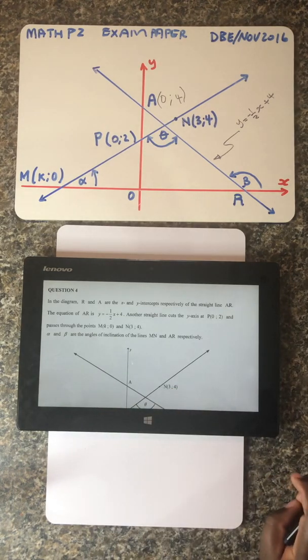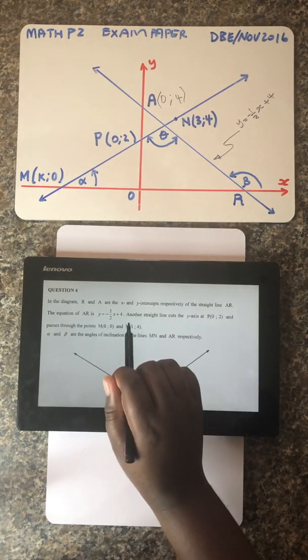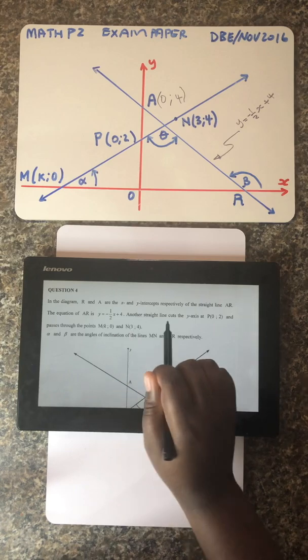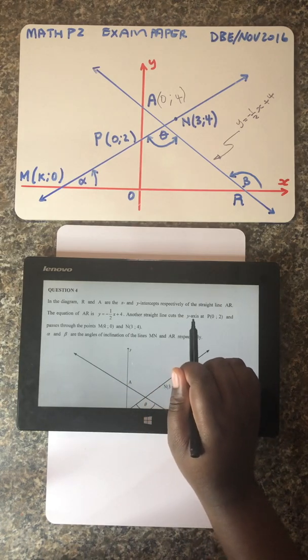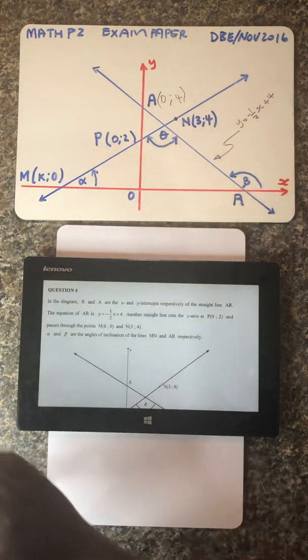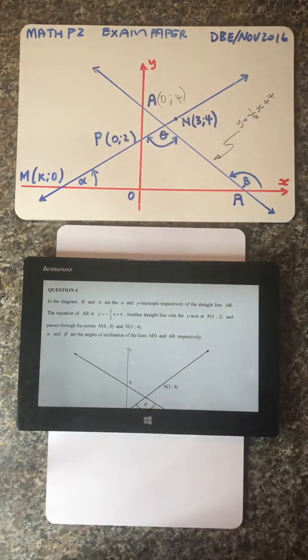The statement continues and they say another straight line cuts the y-axis at P. This is that point P. Remember guys, it's another straight line. That was the initial straight line that we've been talking about. There is another straight line, which is that straight line.